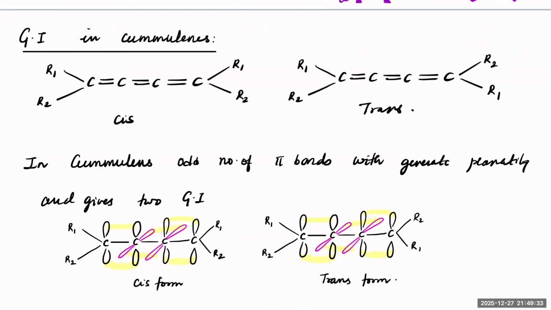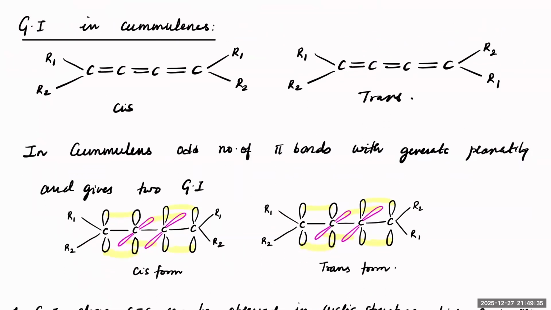Right. Next, check out geometrical isomers in cumulenes. Cumulenes means if you have continuous double bonds, that is called cumulenes. In that, if you have one, two, three pi bonds continuously, then these groups will be on the same plane. Now you see R1 and R1 are at this distance. Now R1 and R1 are at this distance.